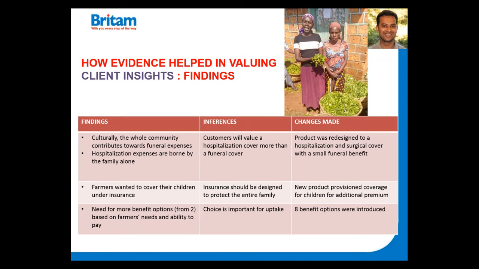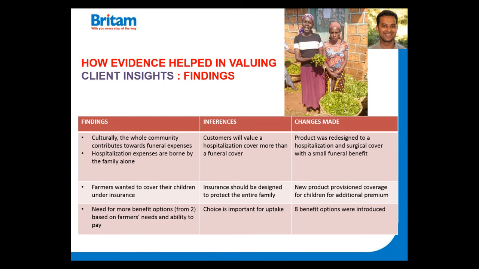So funeral expenses had this kind of social insurance, but hospital expenses were borne only by the family. Hence this product in 2010 was changed to a hospital cover with some additional benefits for surgical procedures. The product was also expanded to cover children, as emerged in the research. And finally, interestingly, initially the product started with 2 benefit options, but farmers' response was that they wanted more options so that they can choose an appropriate option based on their needs and ability to pay.